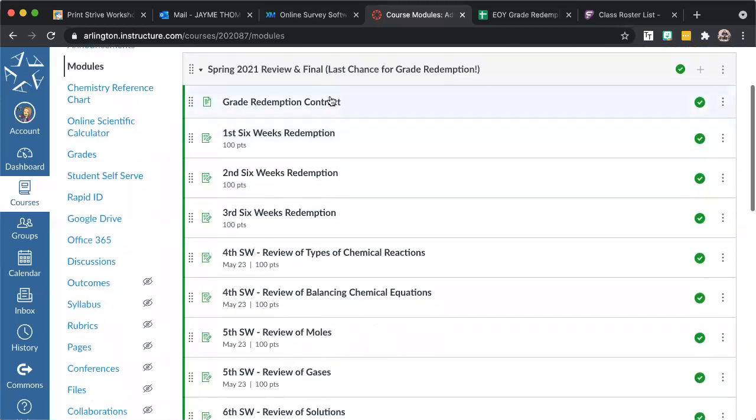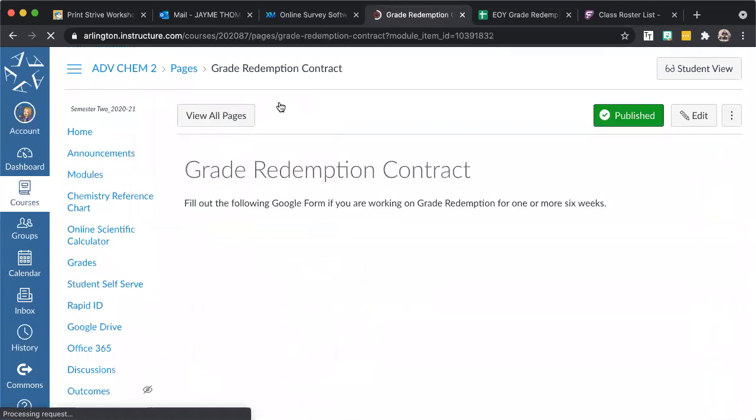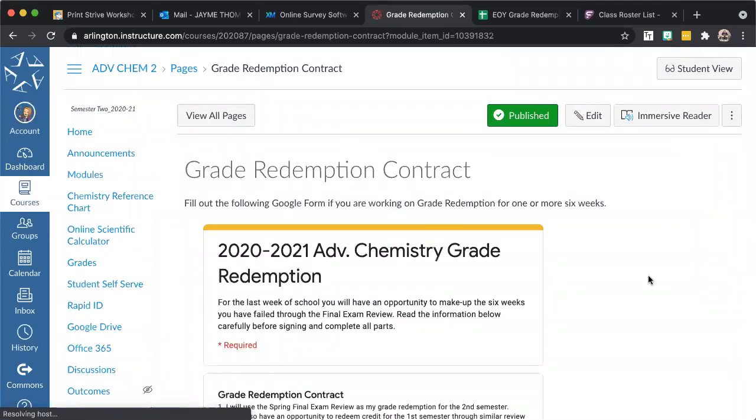So the way this is set up, the very first page has a grade redemption contract. So if you are somebody who failed one or more 6 weeks throughout this year, so that could be from first semester, it could be first, second, third 6 weeks, or it could be this semester, fourth 6 weeks, fifth 6 weeks, or maybe you haven't done all the stuff you needed to do for this 6 weeks, even though we're not done yet. Okay.